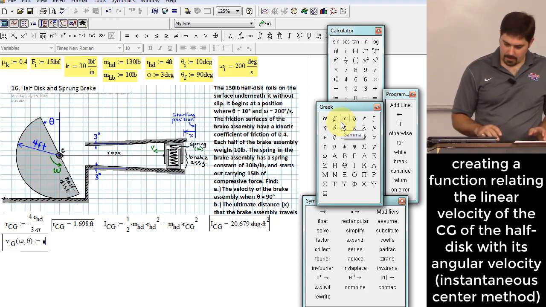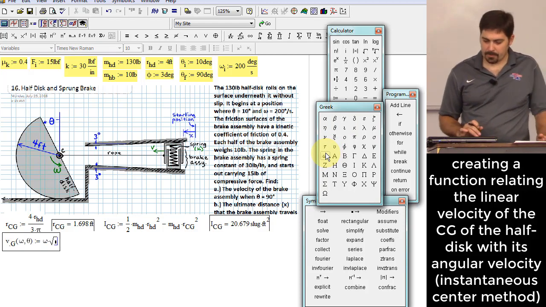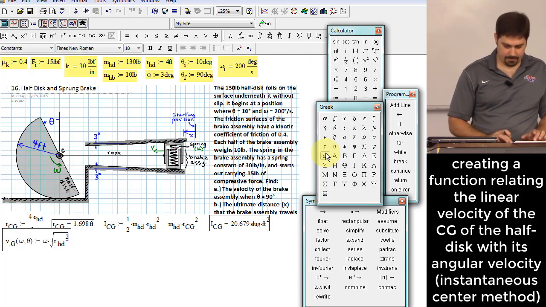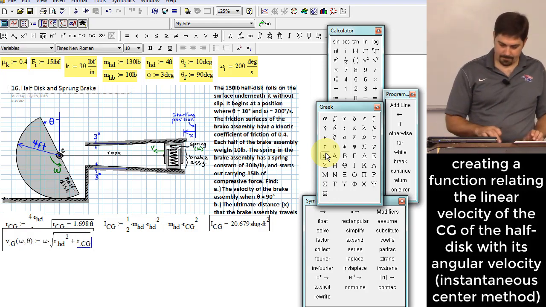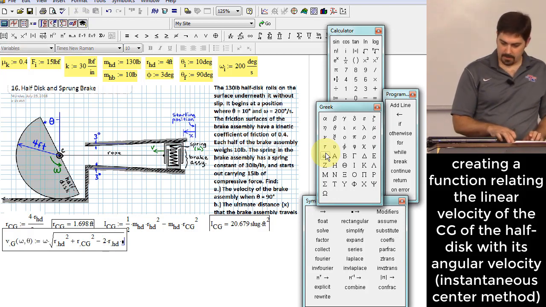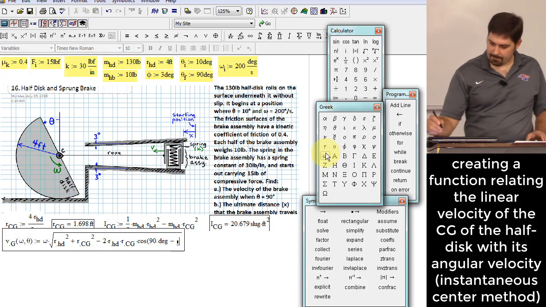It's basically just going to be equal to omega times the square root of r sub hd squared, plus, for this other one, I may as well call that r sub cg squared, minus 2 times r sub hd times r sub cg times the cosine of 90 degrees minus theta.